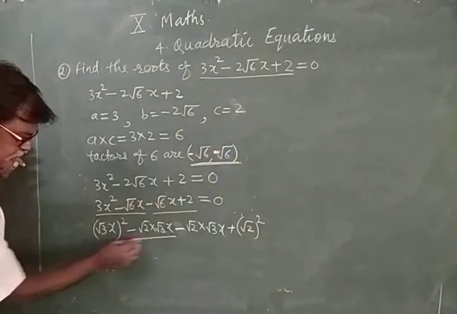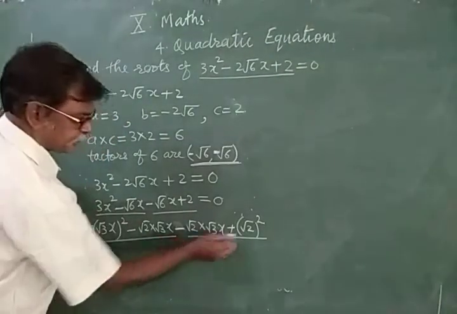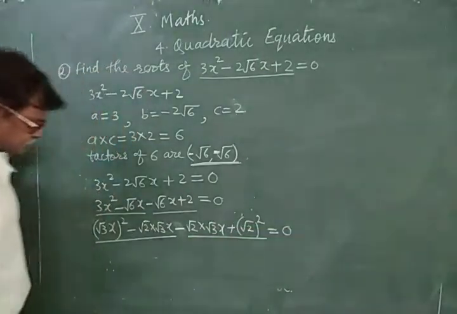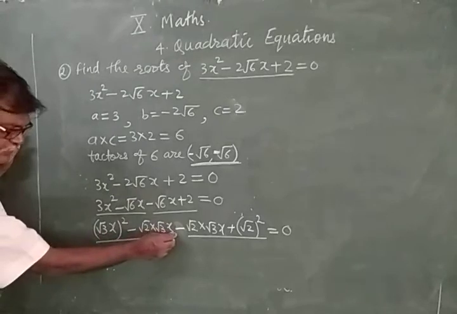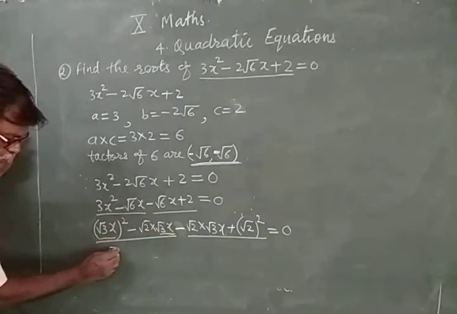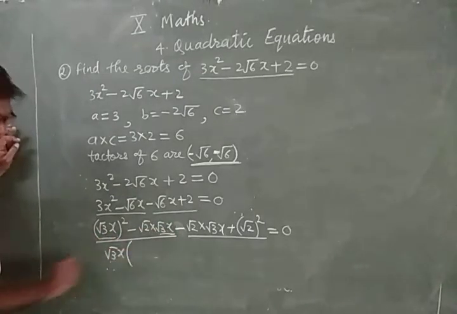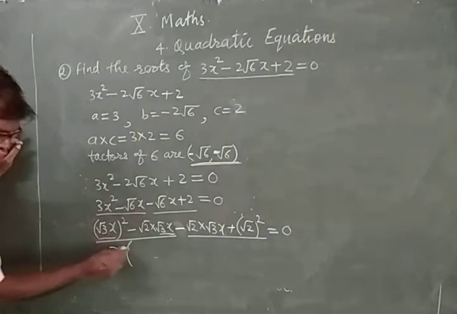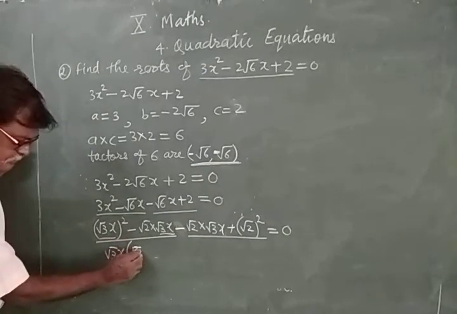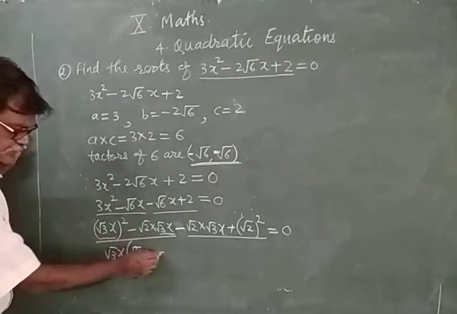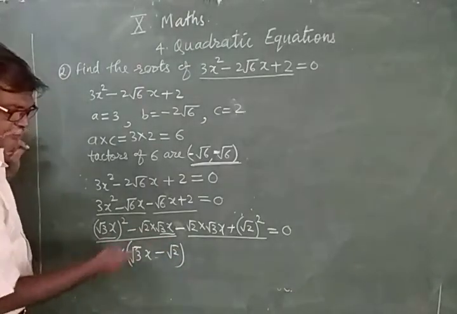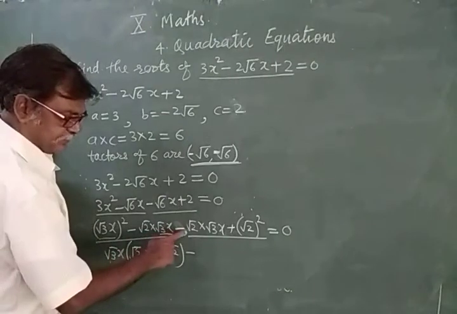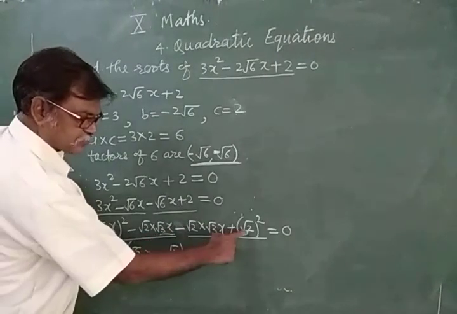Now from this square and this square is equal to 0. From this we can take out root 3x common, and in bracket root 3x from the first term minus root 2, because root 3x is common, minus root 2 is common.